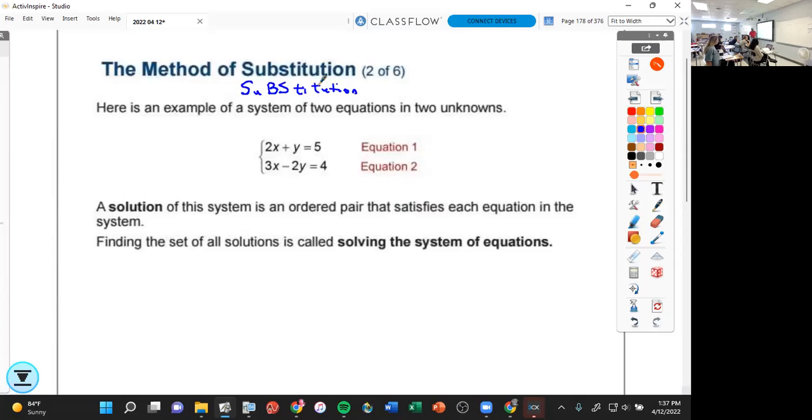I write it that way because when you're doing substitution, if you write the equations side by side, it makes moving back and forth from one equation to the other a lot easier.